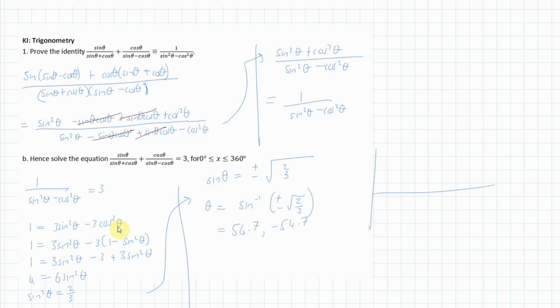Now, so we've got one here, one here, we've got one here, and we should have another 2 there. So to get to this one we just add 360. So that gives us 305.7. And then this one we're just going to add 54.7 to 180. So it should be 234.7.